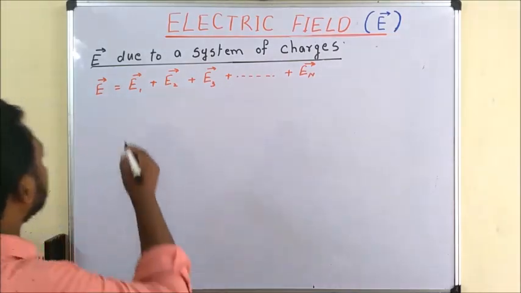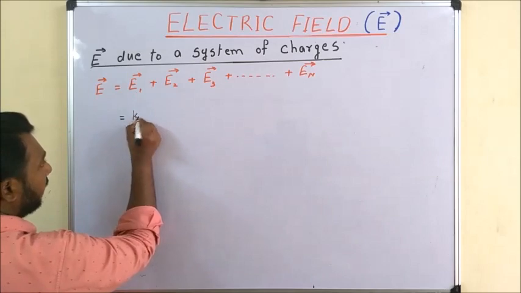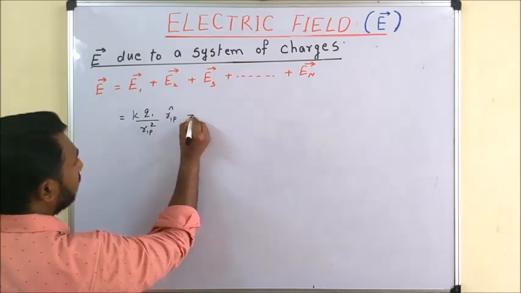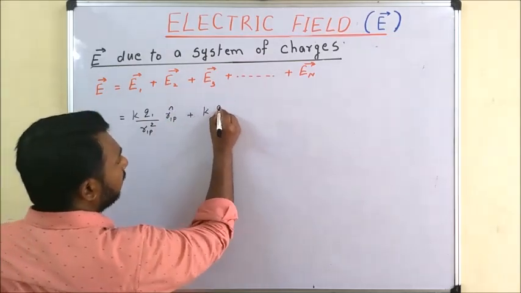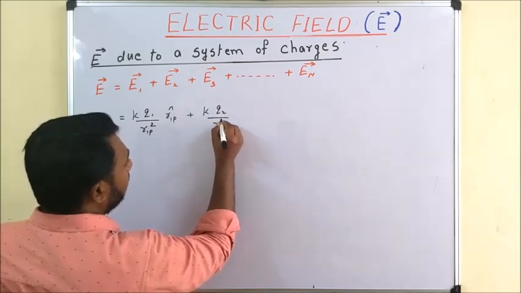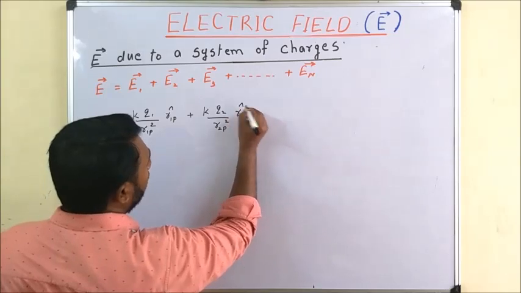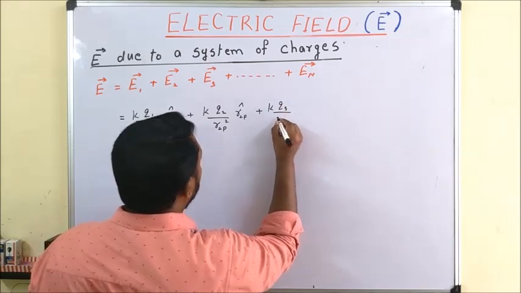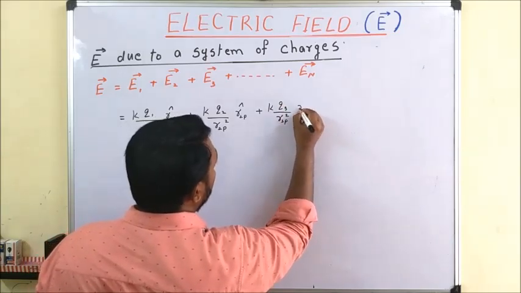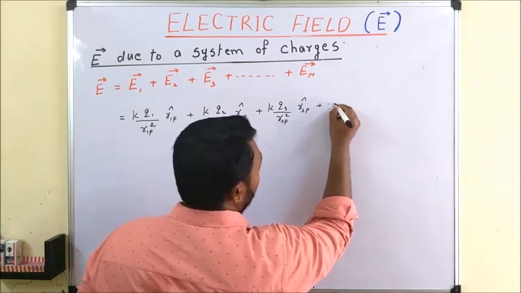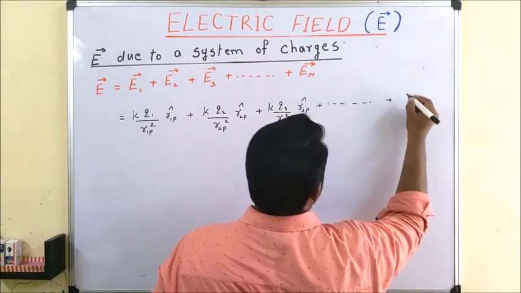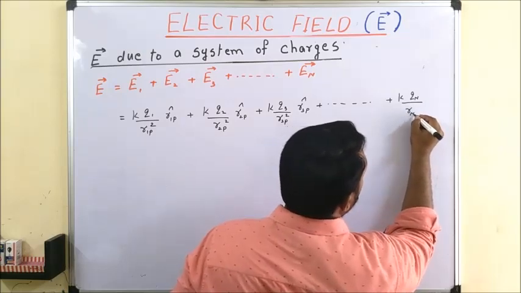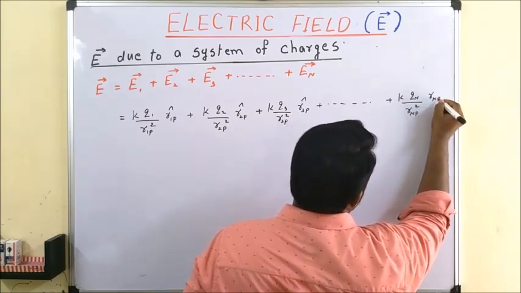We have all those values, so E is equal to E1, which is K Q1 divided by R1P square times the R1P unit vector, plus E2, which is K Q2 divided by R2P square times the R2P unit vector, plus the third, E3, K Q3 divided by R3P square times the R3P unit vector, plus etc. plus En, which is K Qn divided by RnP square times the RnP unit vector.